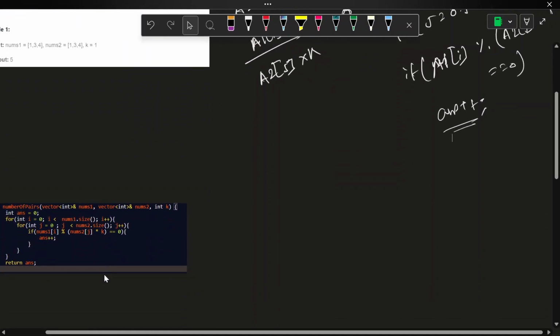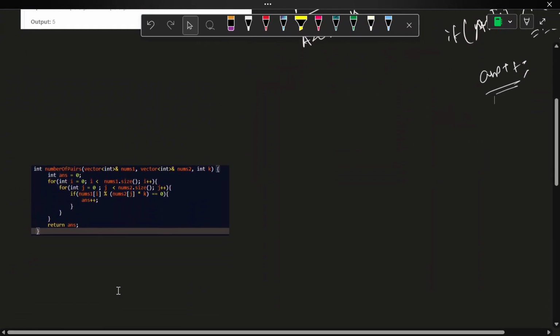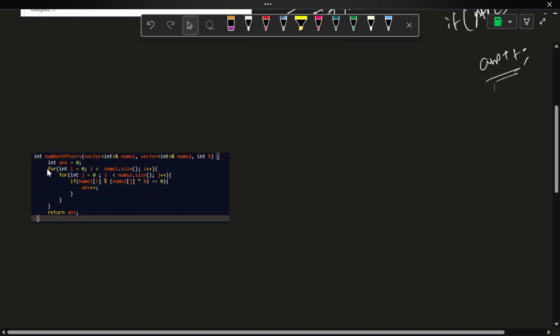You got the logic, right? This is the brute force approach. Here I am running two for loops: one to traverse the nums1 array, and the second to traverse the nums2 array, checking whether nums1[i] modulo nums2[j] times k is equal to 0. If it is 0, I increase the count, and at the end return the answer.